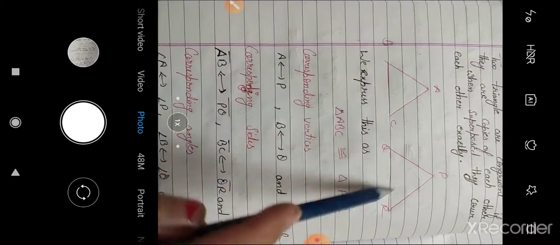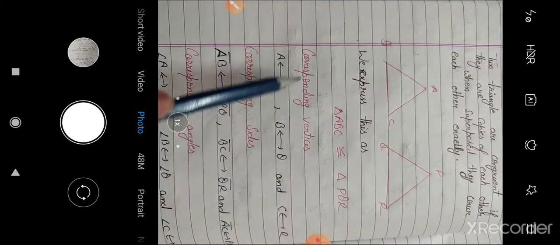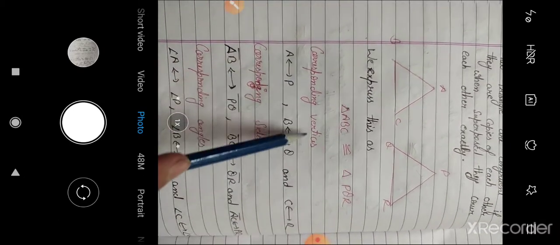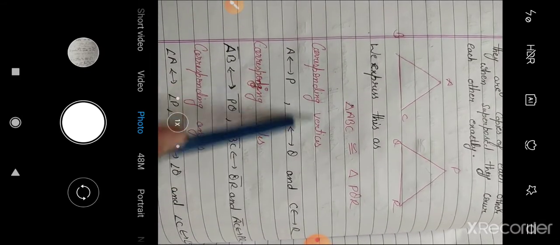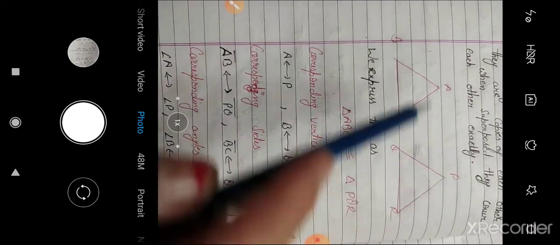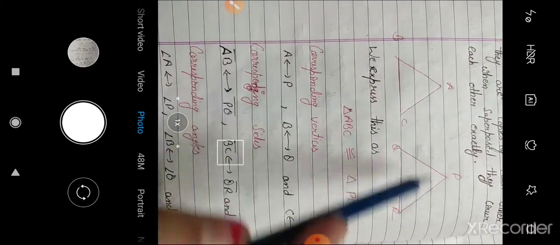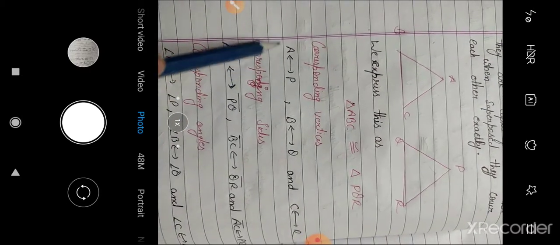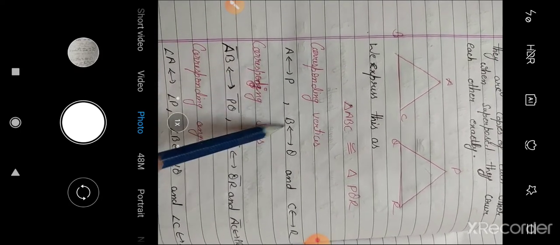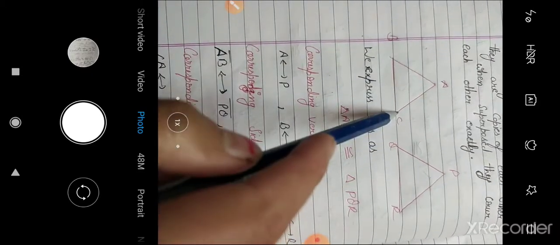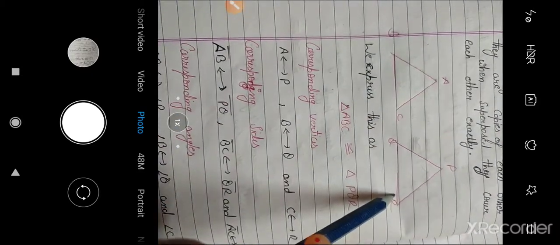If two triangles are congruent, their corresponding parts overlap each other. So if we place triangle ABC over triangle PQR, vertex A corresponds to vertex P, vertex B corresponds to vertex Q, and vertex C corresponds to vertex R.